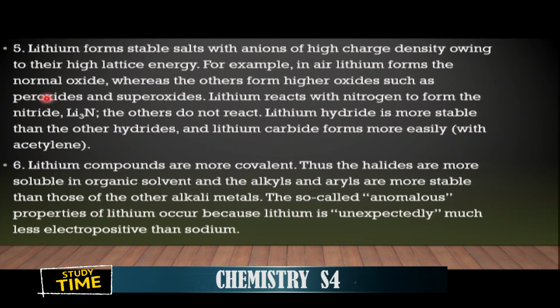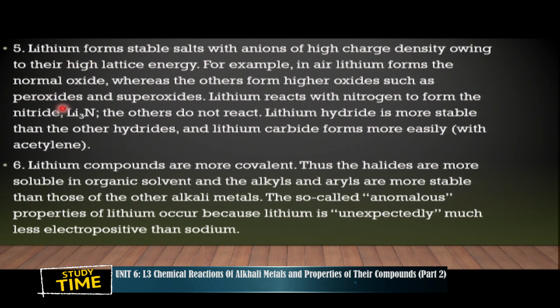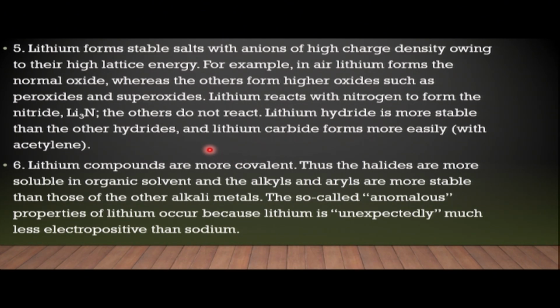It forms substances like lithium nitride, but other group 1 elements cannot form nitride. Lithium nitride is this one. And we said they are more covalent, and because of that, they can be more soluble in organic solvents. It can form hydrides very easily. It can form carbides very easily, but other group 1 elements cannot.